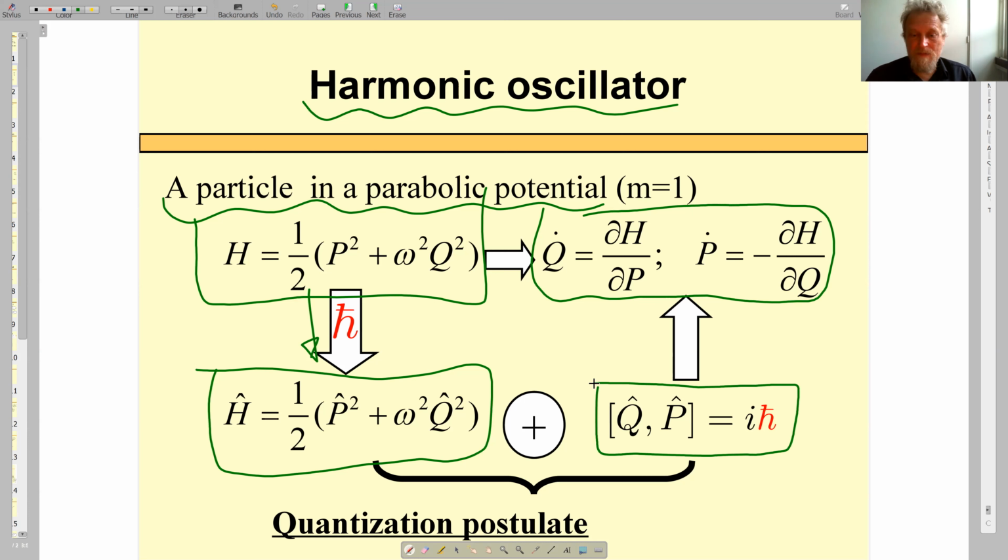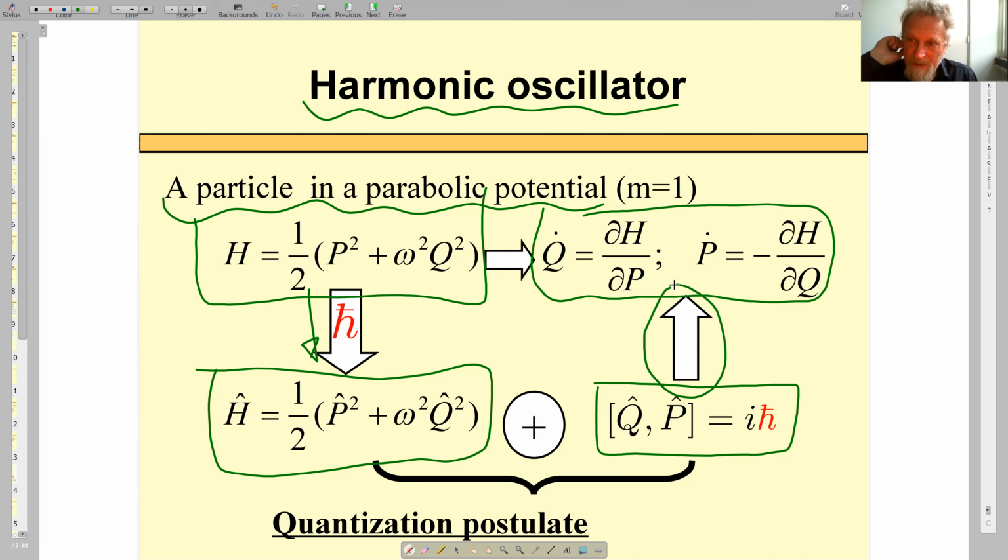Right. I will add commutation rule, and then I will do quantum mechanical equations. Quantum mechanical equations which are obtained by commutating of any operator with Hamiltonian, right? That's why I need commutation relations. And I would like to reproduce equations which are similar to classical equations.